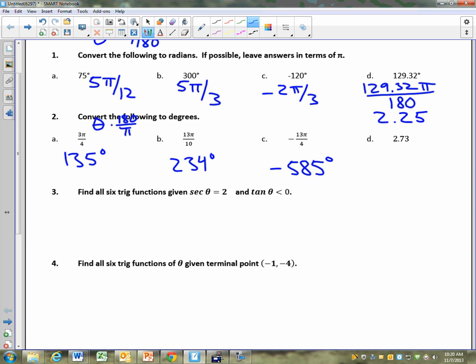Is it going to be greater than 90 degrees or less than 90 degrees? Greater than. Yep, you're falling right in there. So what'd you get? What was it? 156? Any questions? 2.73 times 180 divided by pi, just like Larry said.